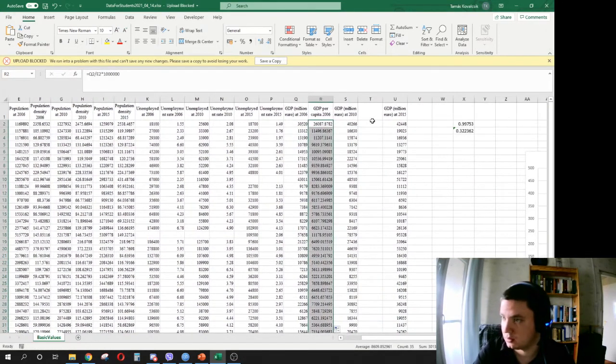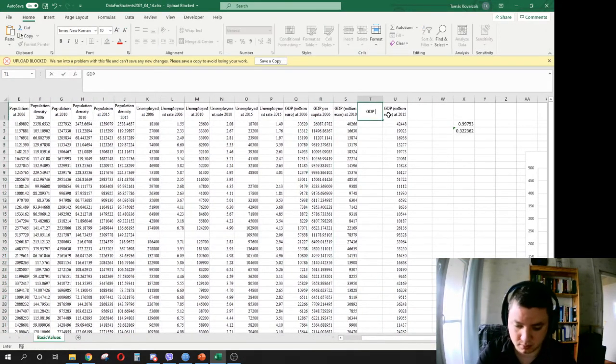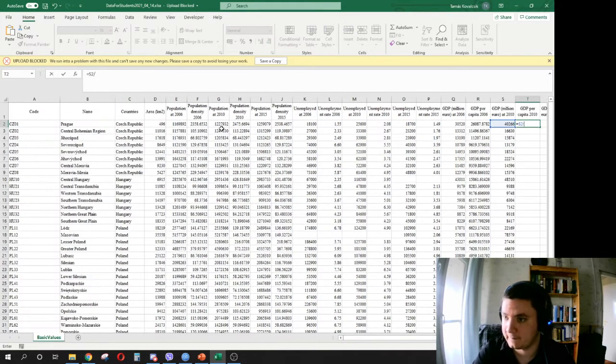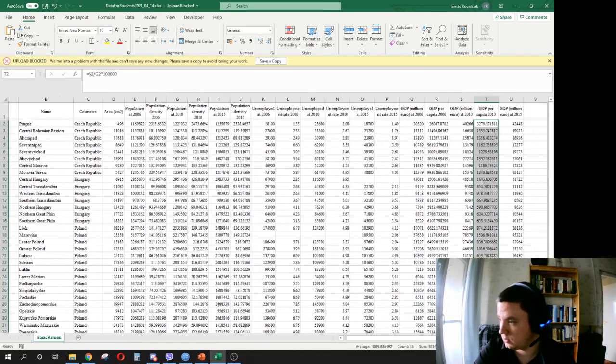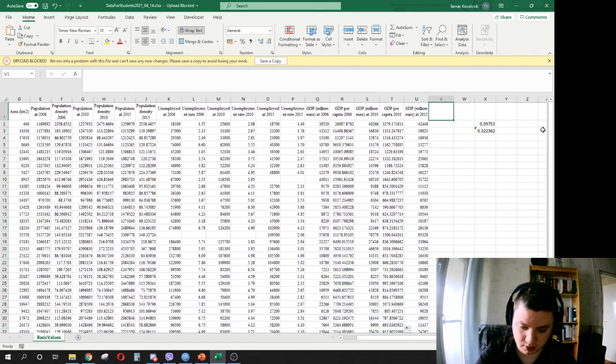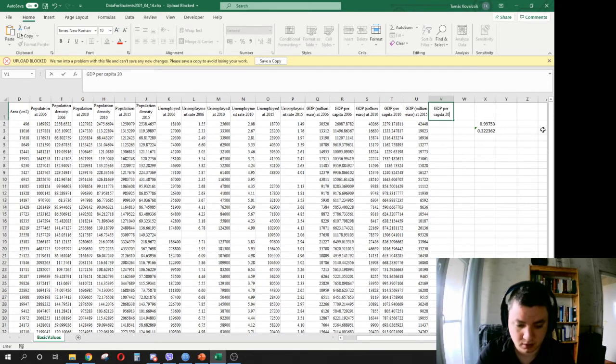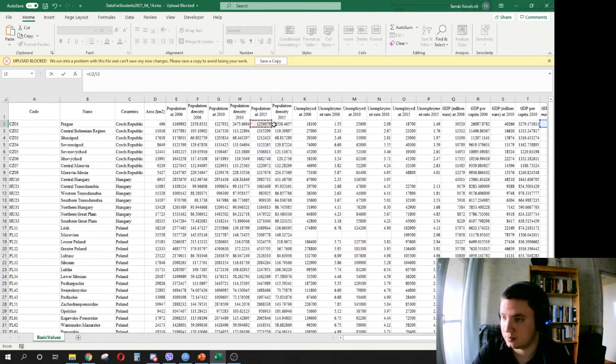Okay, GDP per capita 2010. GDP per capita 2015, division by population.